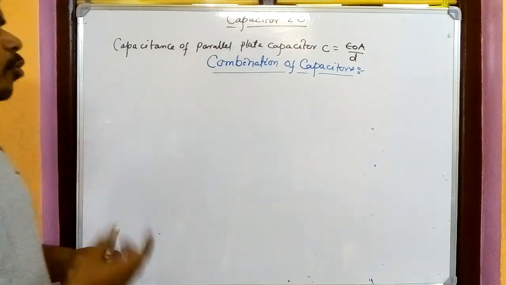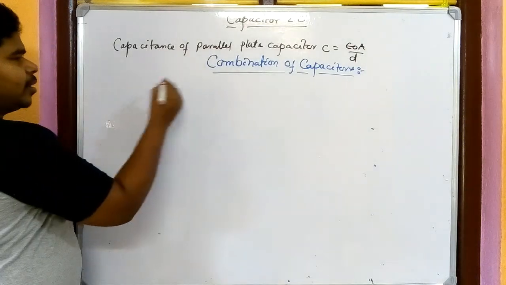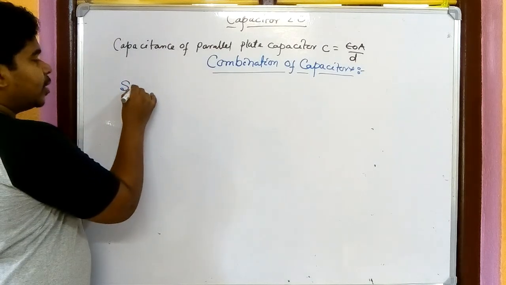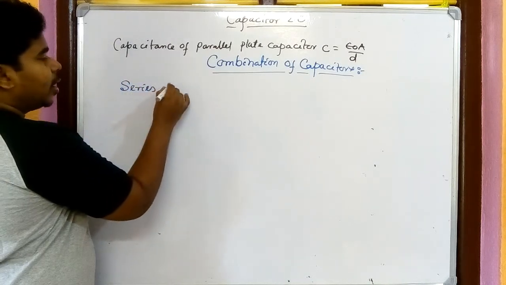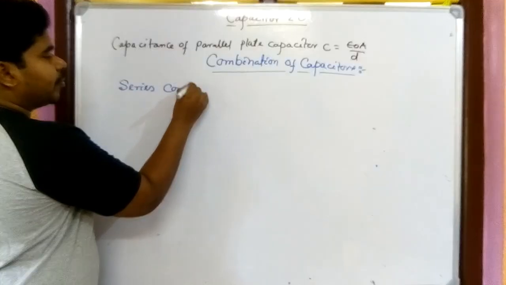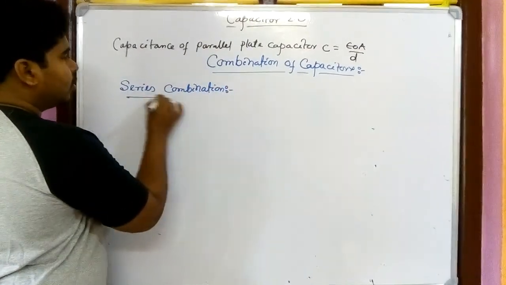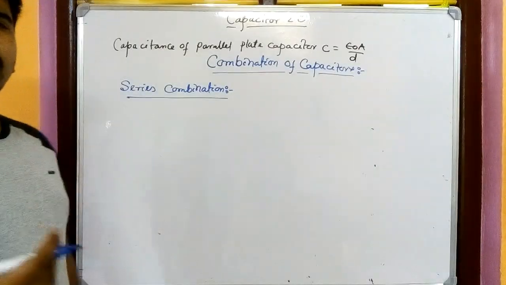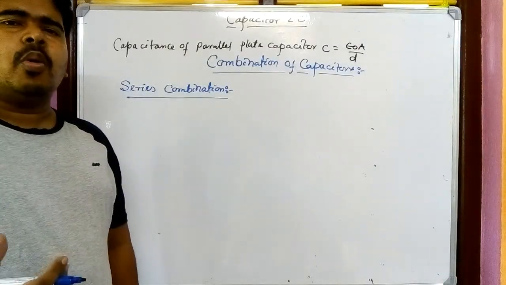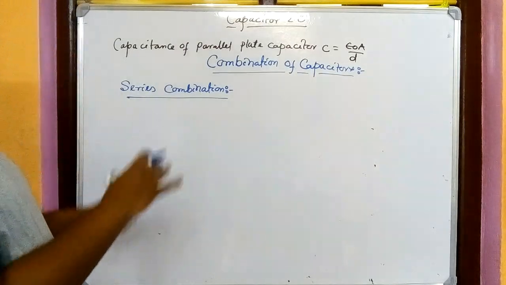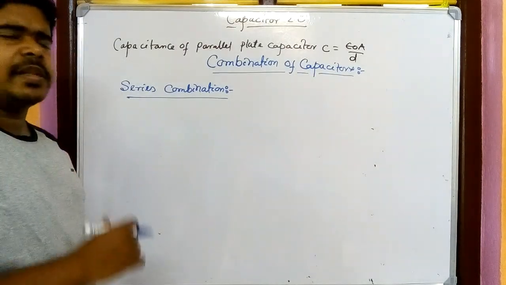So how many types of combinations are there? Just like resistors, there are series and parallel combinations. There is no need to define what a series or parallel combination is, because you have learned it in resistors.